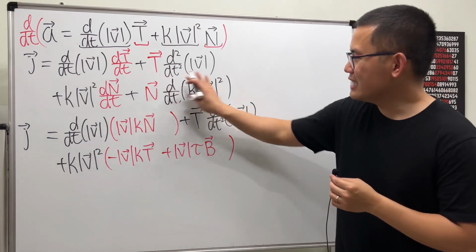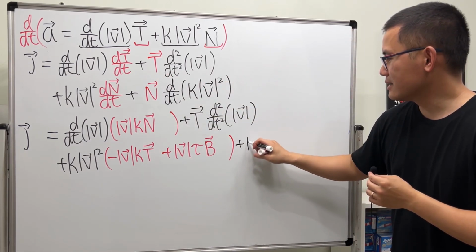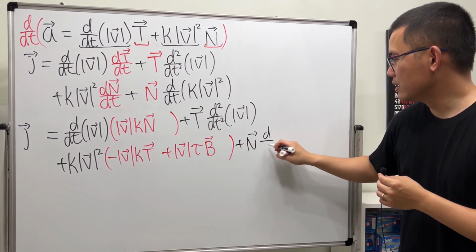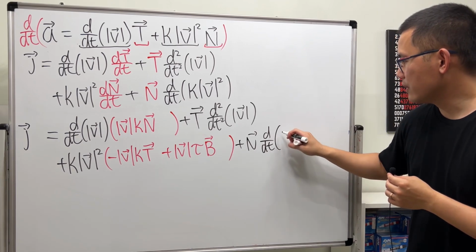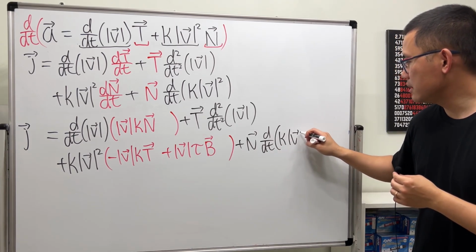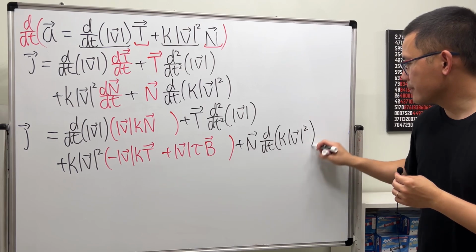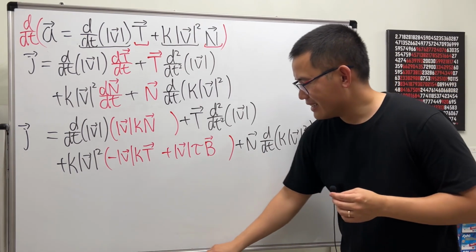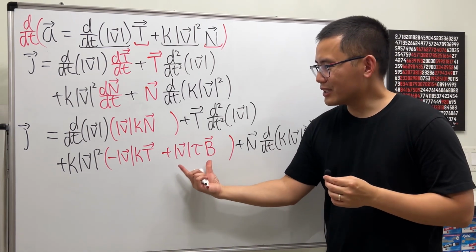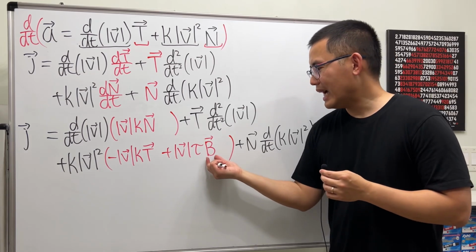And then this part, we'll just keep it, so plus n and then the derivative of kappa times the speed squared.